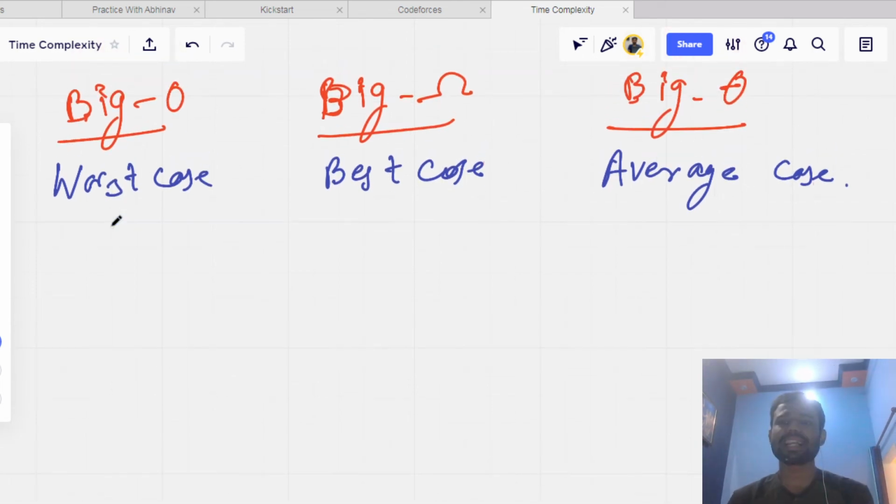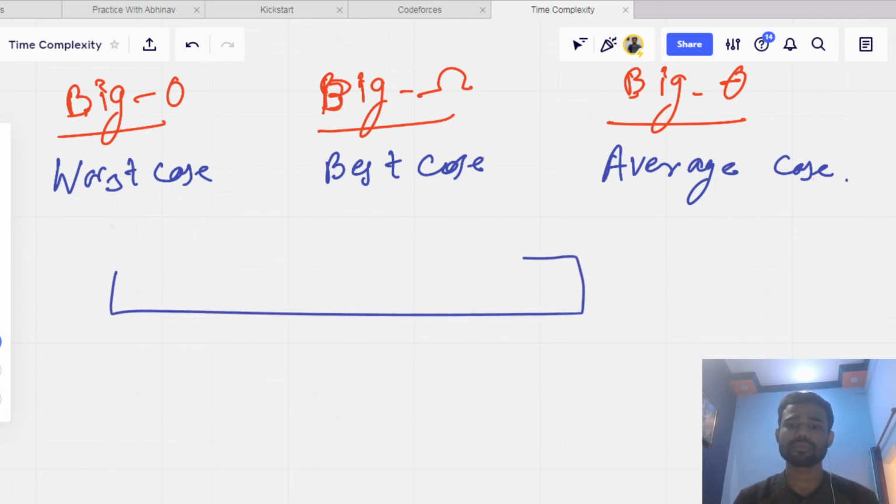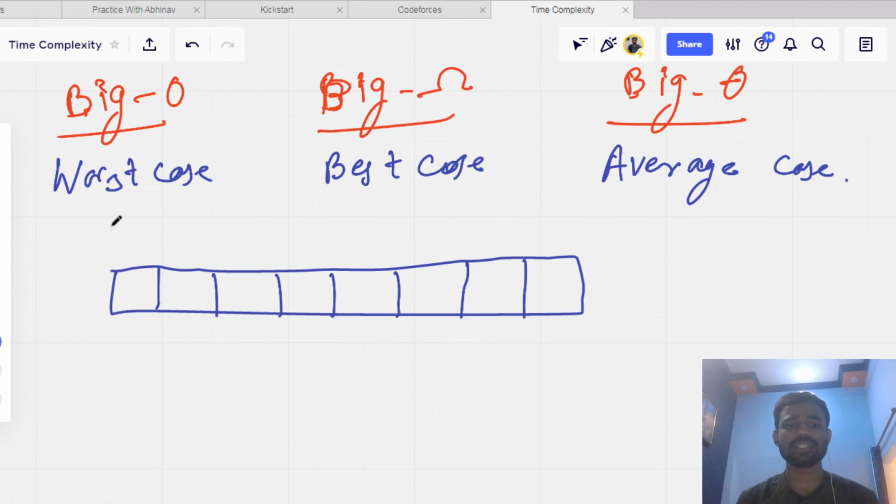So we will understand it by taking an example of an array. For example, we are taking linear search on an array. What is the time complexity of linear search? It is O(n). Yes. So let's take that there is an array. The size is 1, 2, 3, 4, 5, 6, 7, 8. So it is an array of size 8.